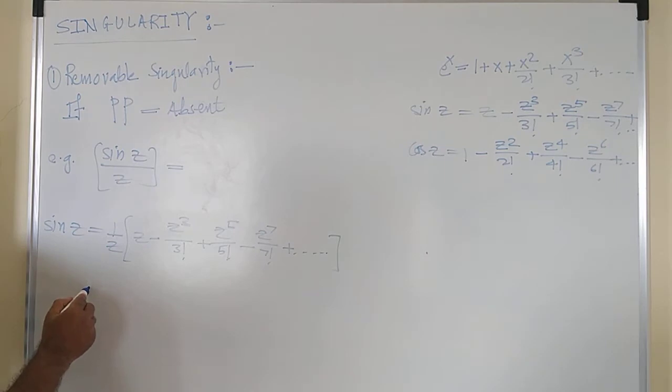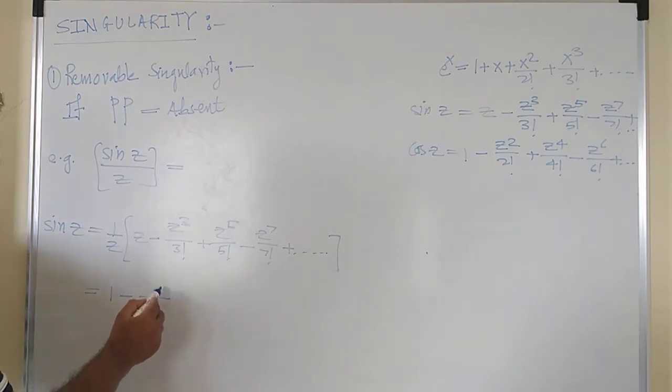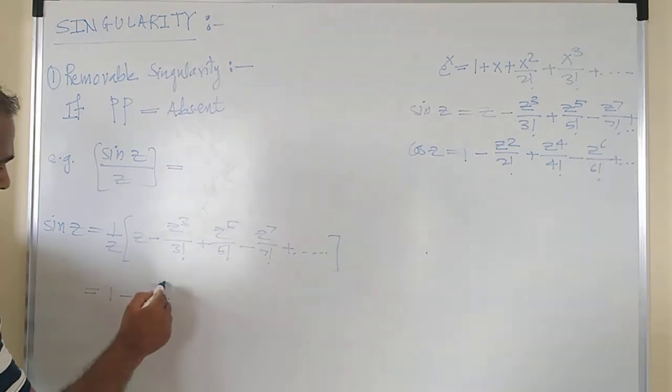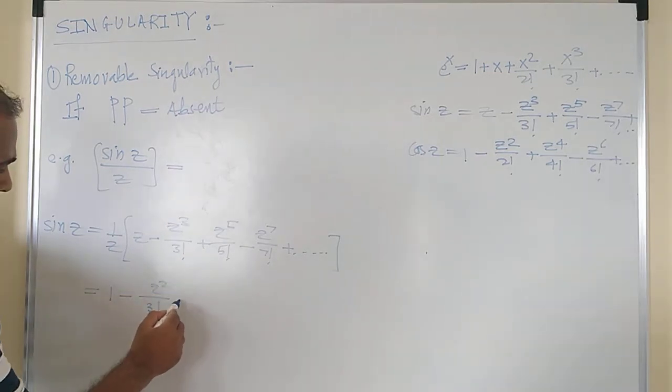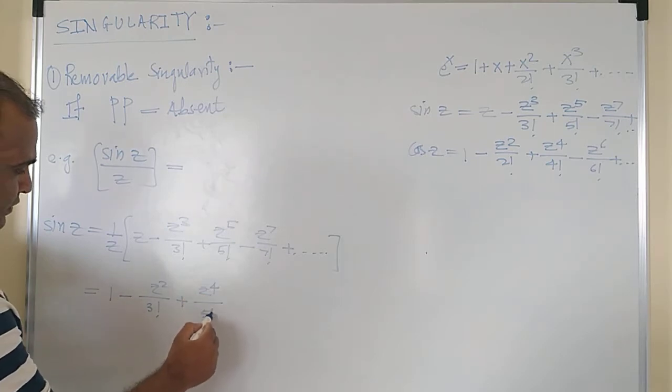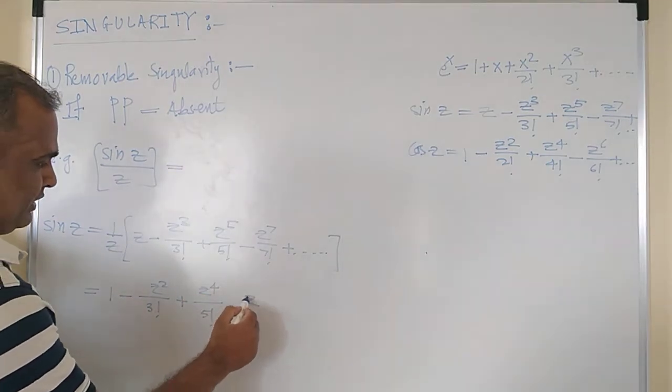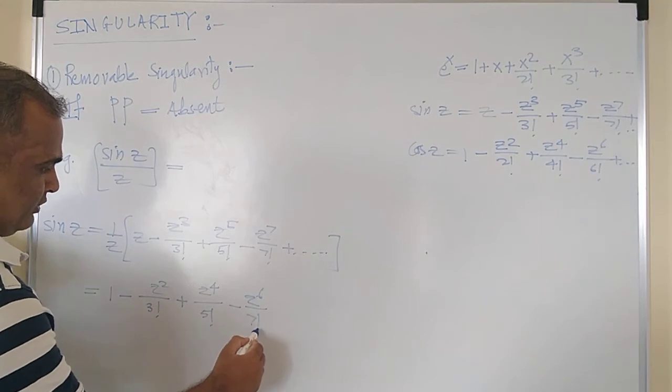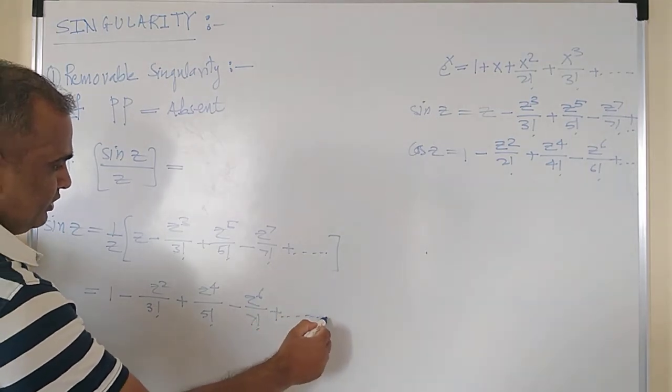And if you multiply by 1 upon z inside the bracket, you will get 1 minus z square by 3 factorial plus z raised to power 4 by 5 factorial minus z raised to 6 by 7 factorial plus dot dot dot.